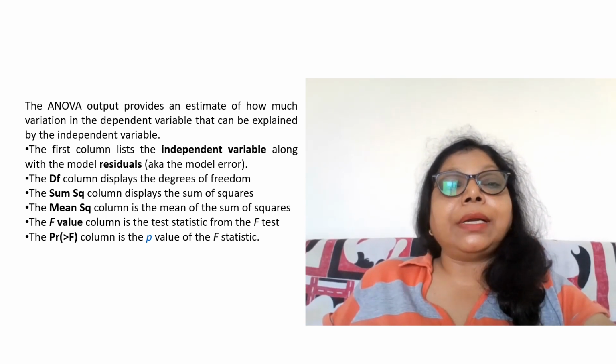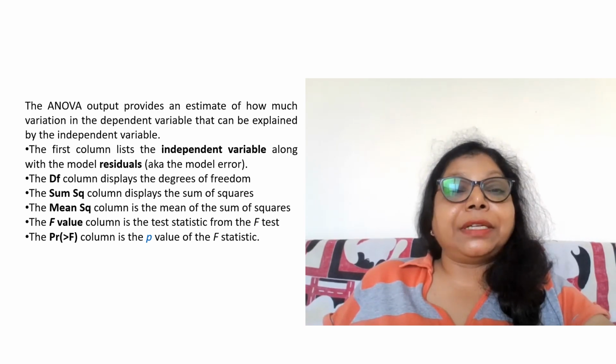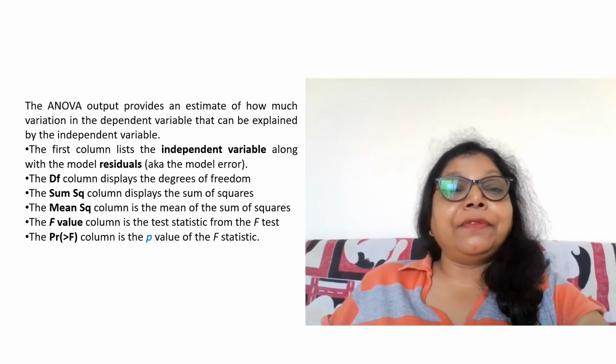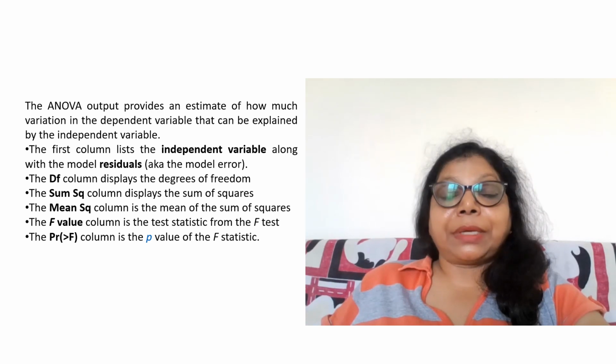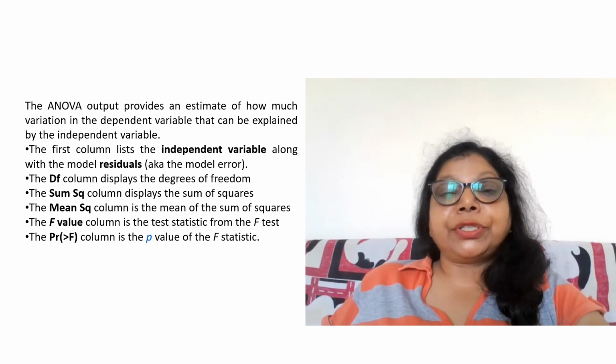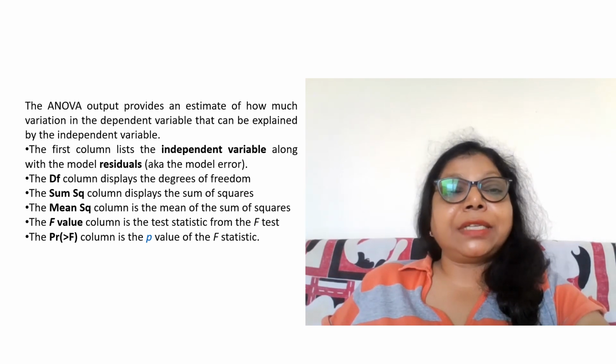The first column lists the independent variable along with the model residuals, that is, the model error. The DF is the degrees of freedom for the independent variable, calculated by taking the number of levels within the variable and subtracting 1. The degrees of freedom for the residuals is calculated by taking the number of observations minus 1, then subtracting the number of levels in each of the independent variables.